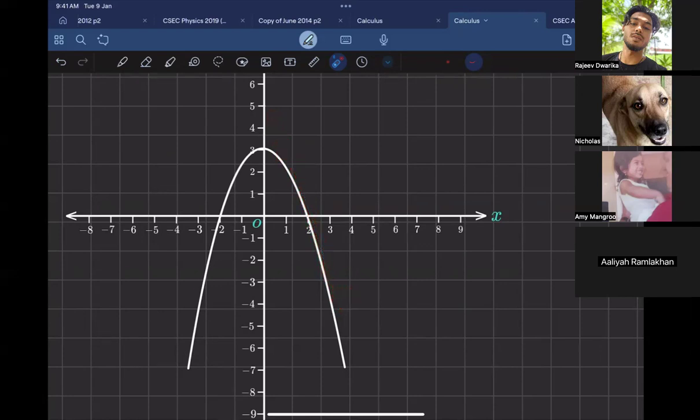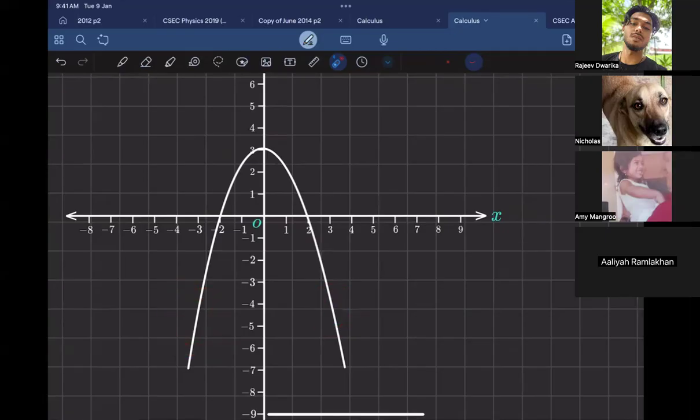Aliyah, let me set a couple things straight. In a curve, do you think the steepness is the same throughout? Think of it like a hill. If you're in a car going up the hill, would this point be as steep as this point? No, it would not.